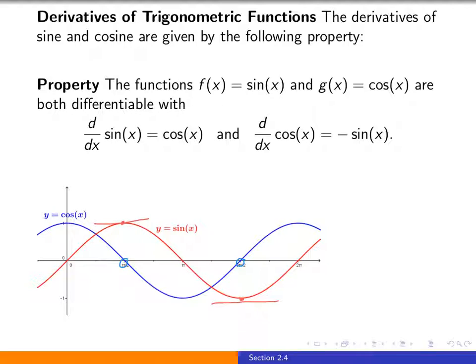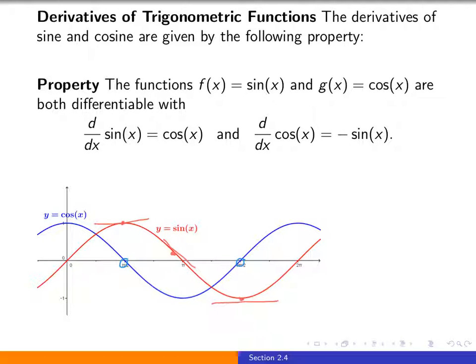And that corresponds to where cosine is equal to 0. And if you look at what's happening, let's say, between pi over 2 and 3 pi over 2, from a very intuitive perspective, if you pick any point, the tangent line is going to have a negative slope, which corresponds to where the cosine is negative.